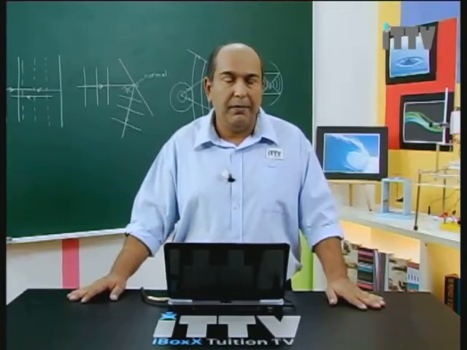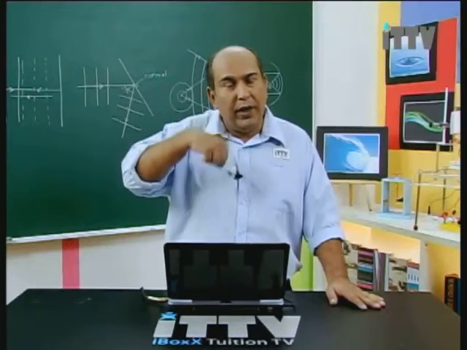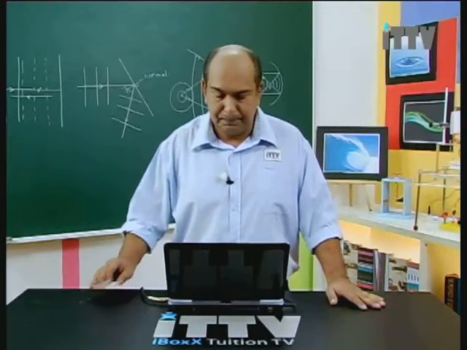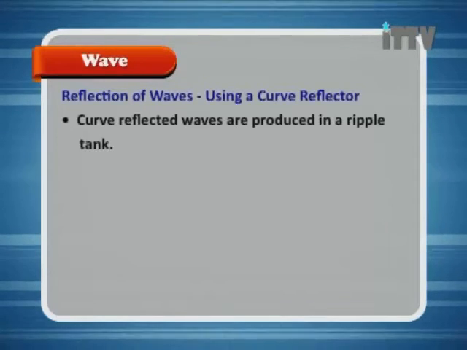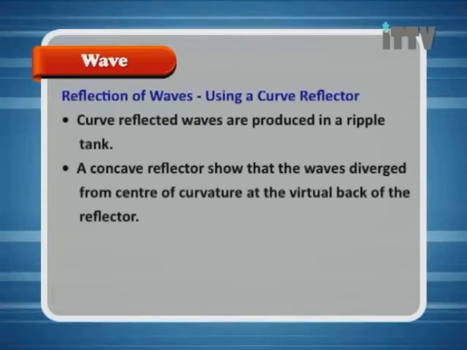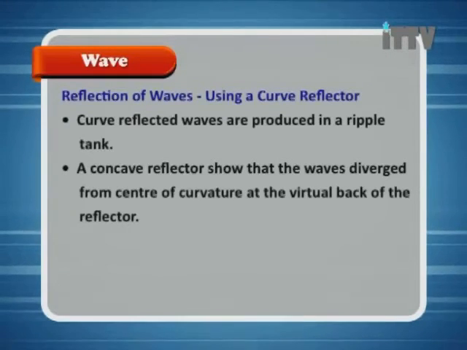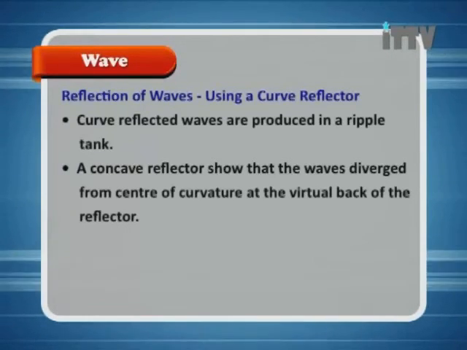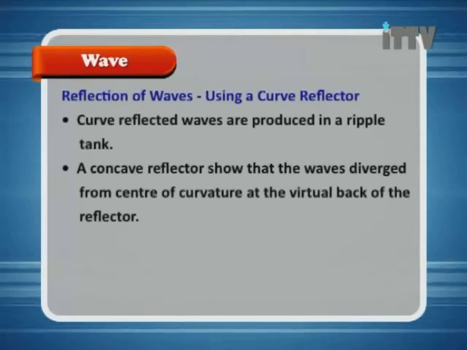Complete your diagram and then finish drawing it in with all the wave fronts being put in. Once again, curved reflected waves are produced in a ripple tank. The convex reflector shows the waves diverged from the center of curvature at the virtual back of the reflector. So it came from the virtual F.